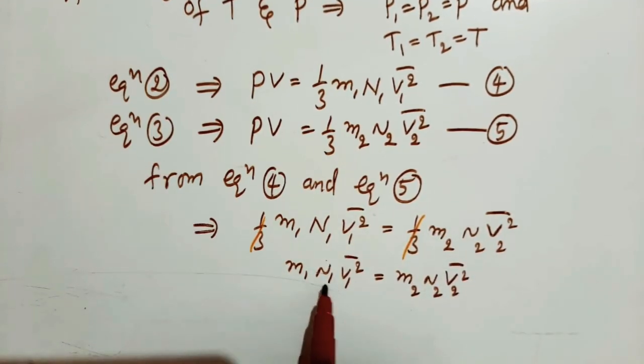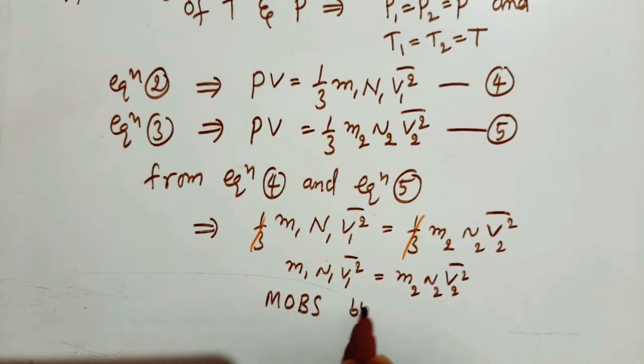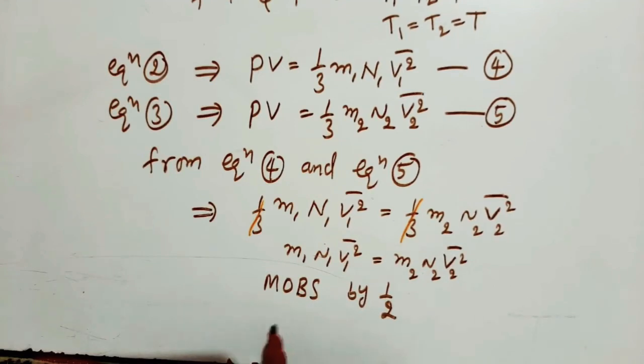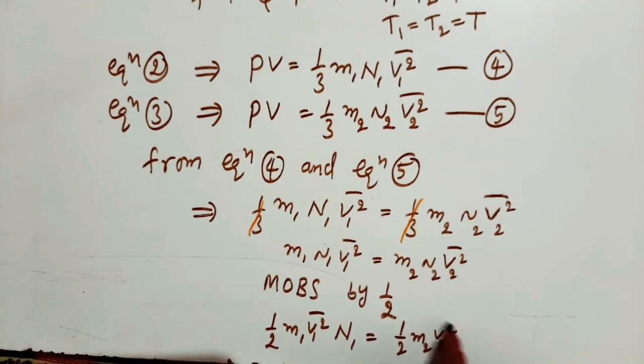Here I am multiplying both sides by 1 by 2. So we get 1 by 2 m1 v1 square bar into n1 is equal to 1 by 2 m2 v2 square bar into n2.